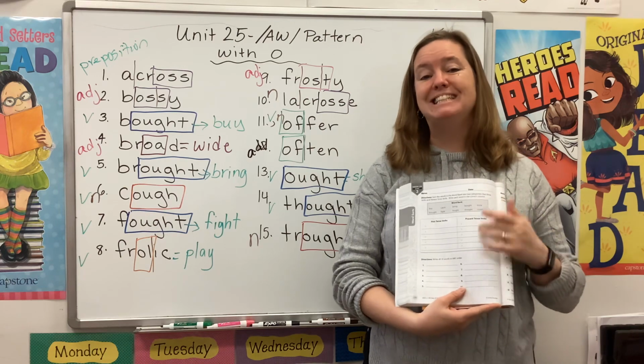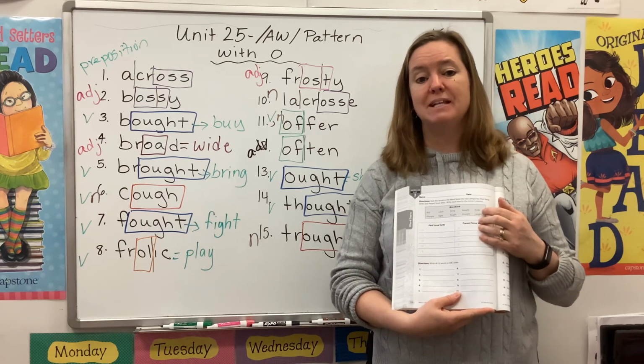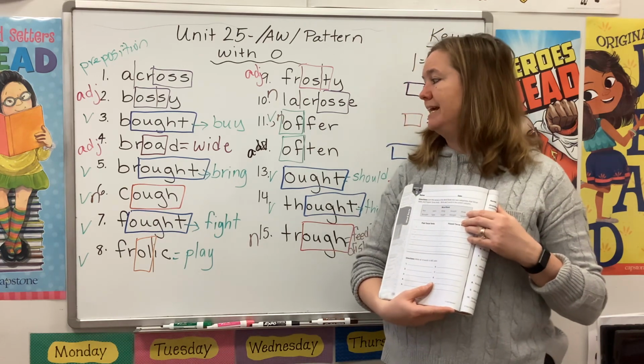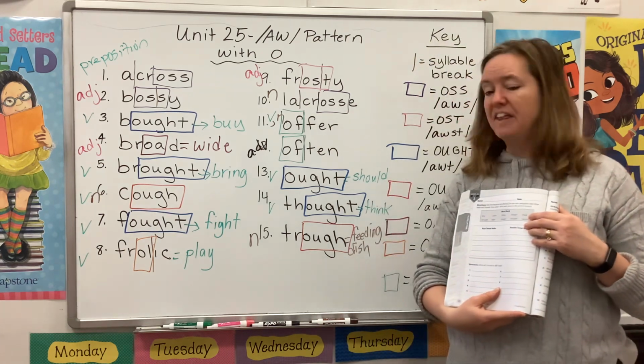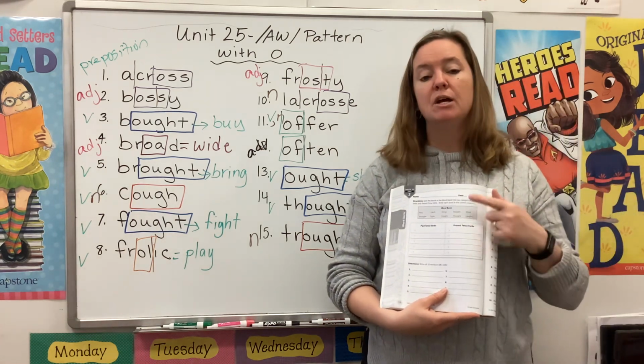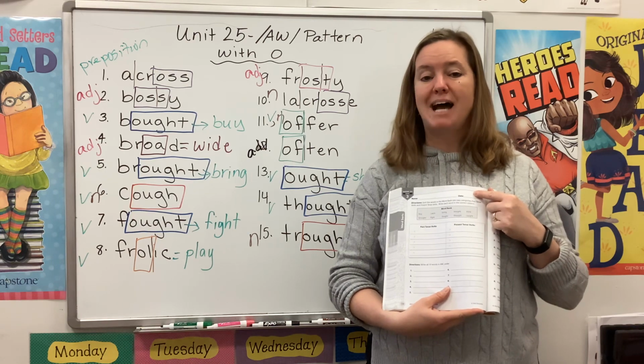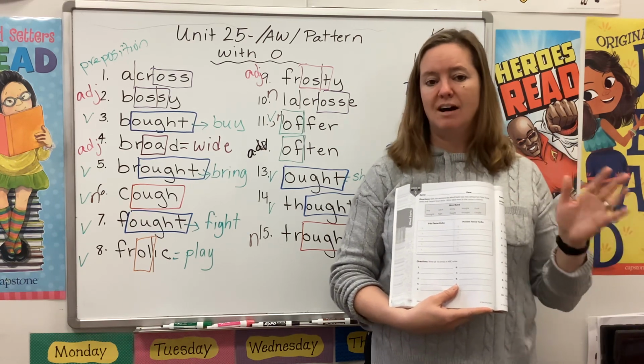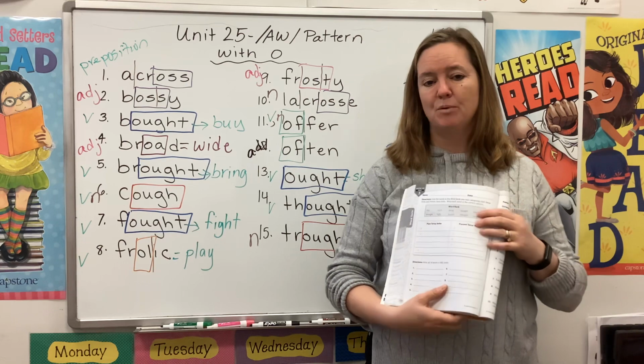If it's a present tense verb, if it describes something that's happening now, like bring or fight or think, you're going to put it here. Notice there are some words here from last week as well. Teach and taught, catch and caught, okay?